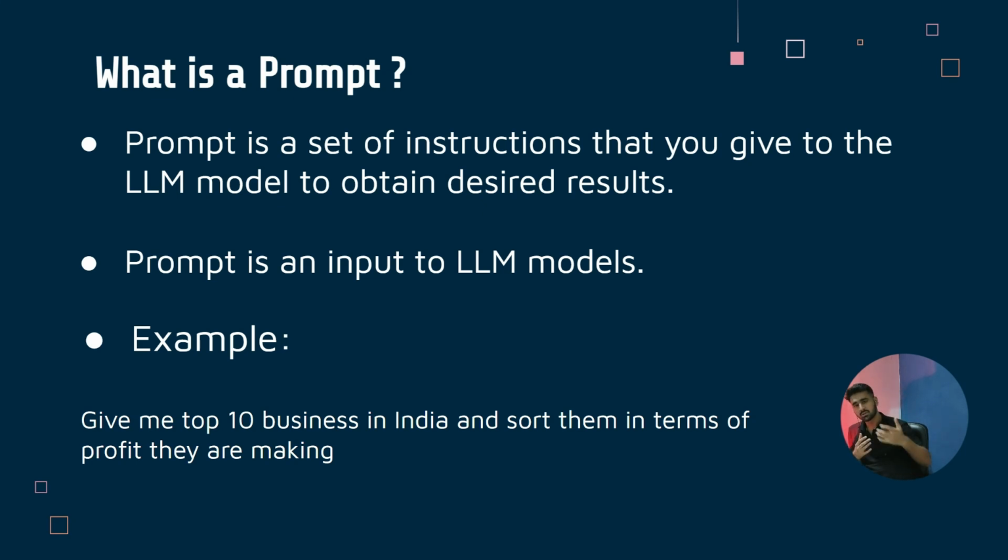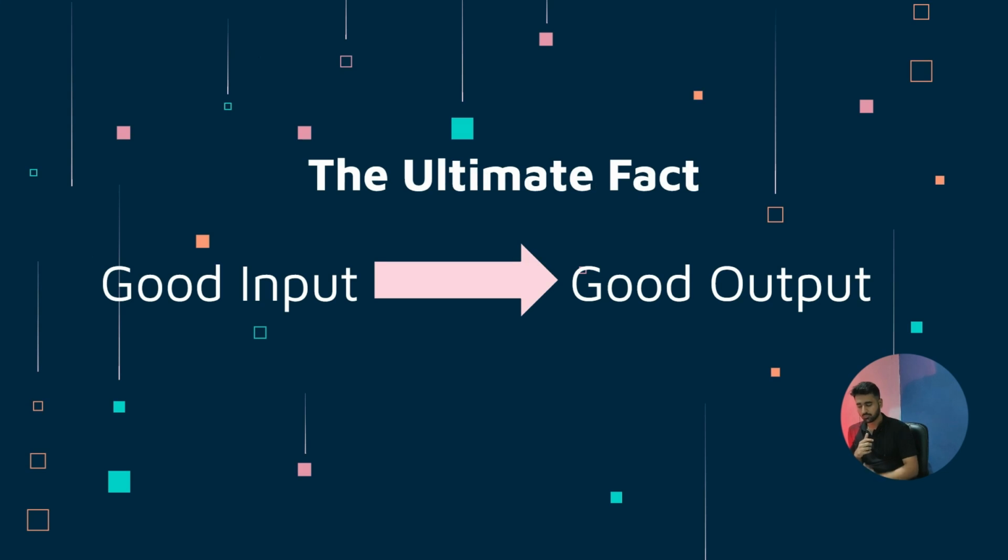So the more you instruct, the more clear you are in your prompt, the better it will be, right? We have to remember this ultimate fact when we prompt: good input implies good output. If your input is not good, that is, if your prompt is not good, you will probably not get the output that you desired. You will continuously fine-tune it, and then you will receive an answer that you can use, right?